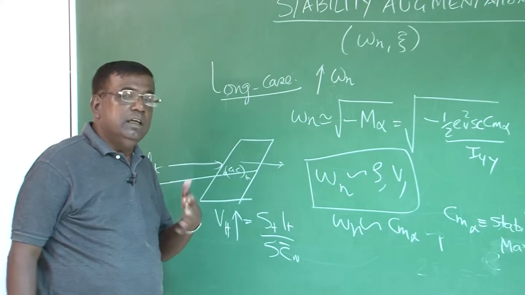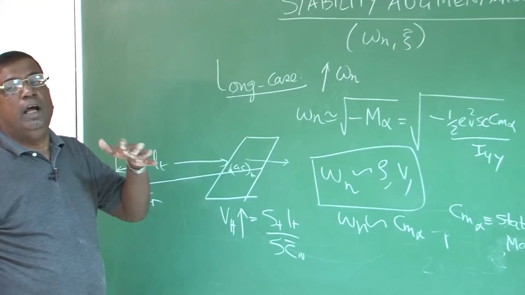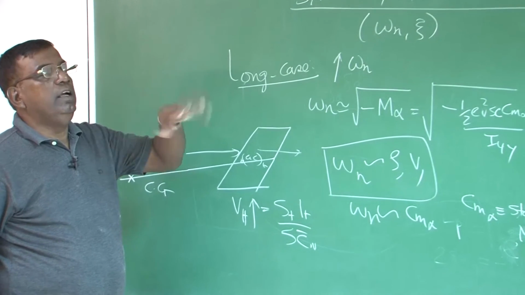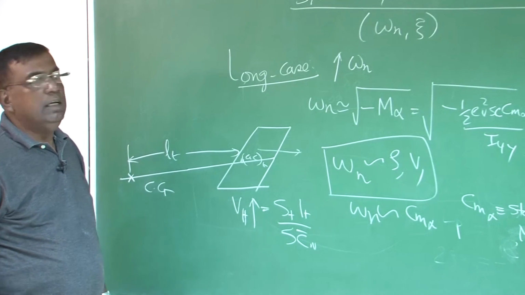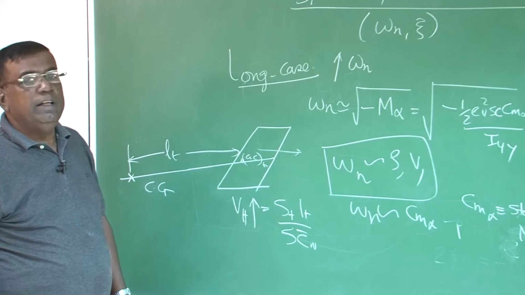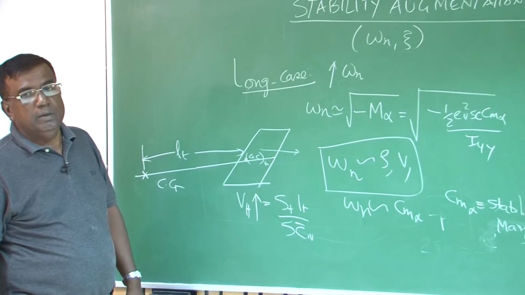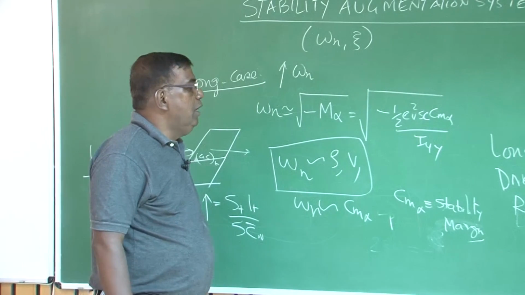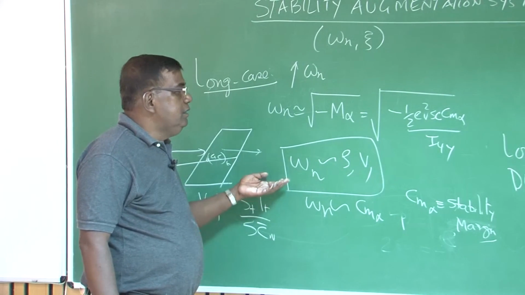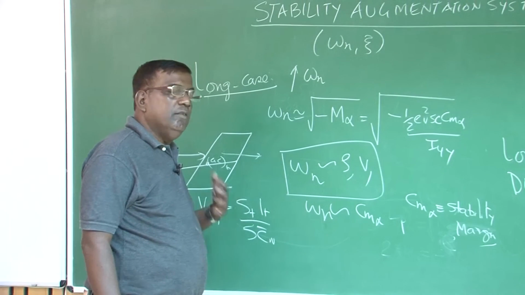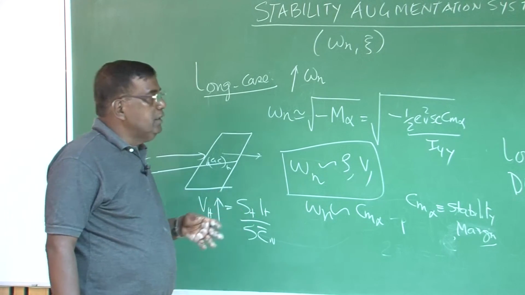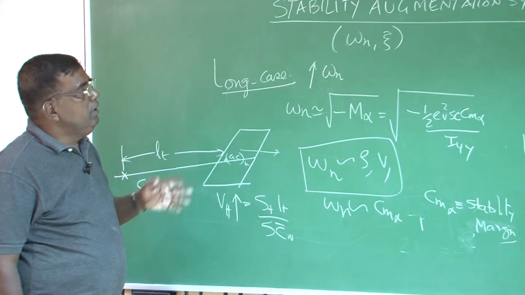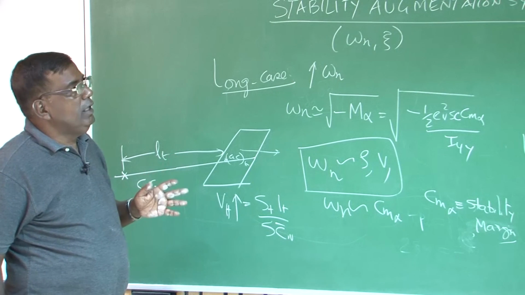You want something that can be done online while flying, and if required, automatically changes to satisfy the pilot's flying qualities requirements. That is where we need a stability augmentation system, and this is true for directional as well as roll. So from next lecture, I will be focusing on the stability augmentation system.